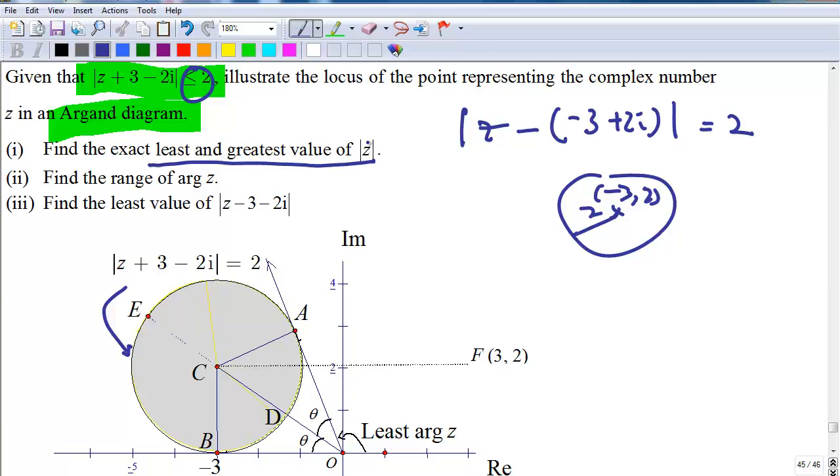Alright? Now if you look at your diagram, the point that is the closest to your origin is this point here. Now the point that is furthest away from the origin is this point here. Can you see that? So all you need to do is to calculate what is this length for the shortest distance and what is this length for the longest distance.